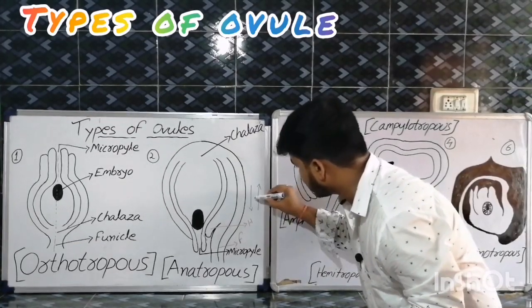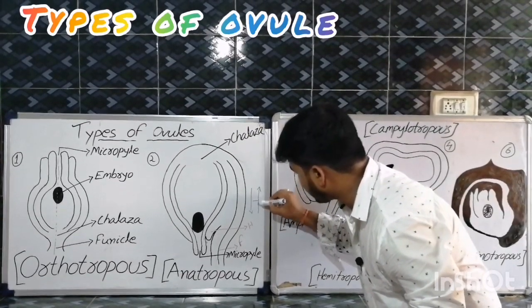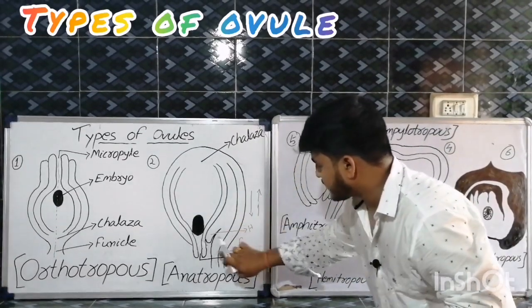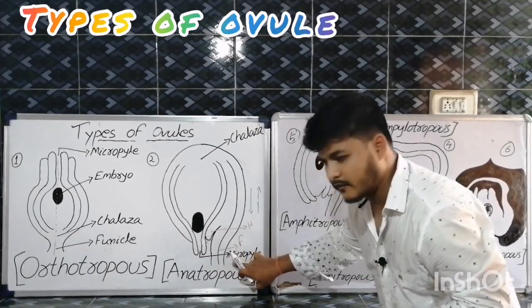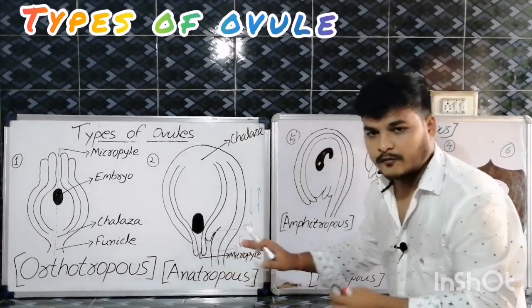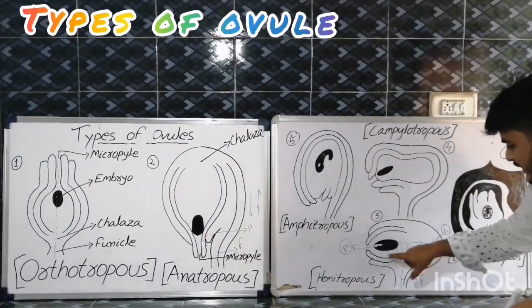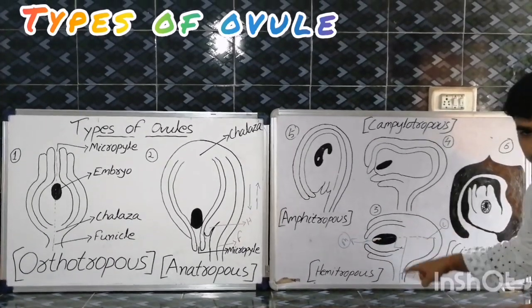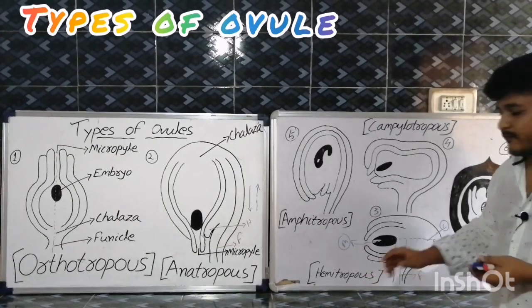It is 180 degrees in one form, 90 degrees in the other. In the anatropous ovule the micropylar and funicle ends are in opposite directions, but in this case it is perpendicular to the funicle. That means the micropylar end and chalazal end both are perpendicular to the funicle part. It is your hemitropous ovule.